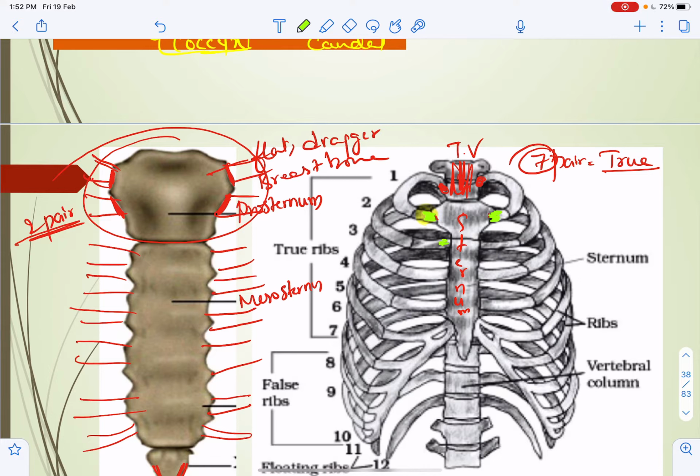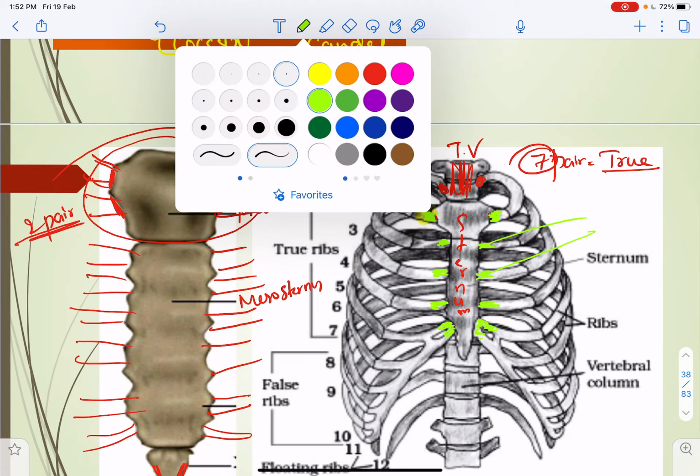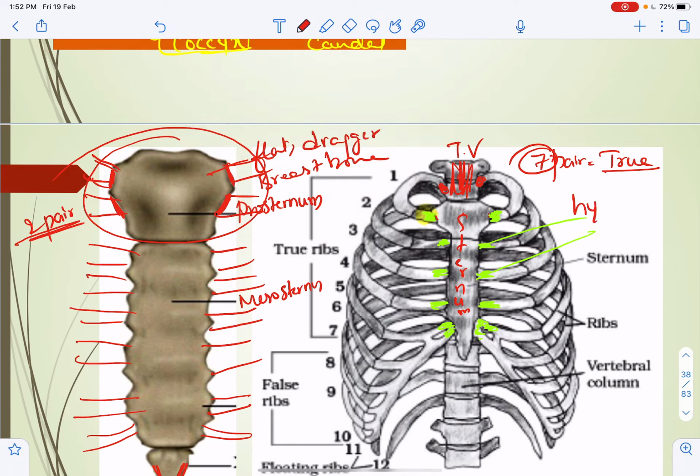At this point of attachment with the sternum, it is mainly made up of hyaline cartilage, that helps in expansion, to change the volume of the thoracic cavity. The matrix of the hyaline cartilage is made up of chondroitin salts.